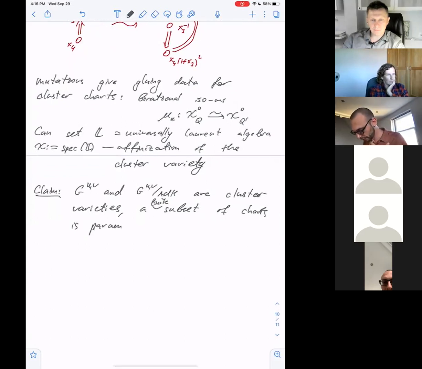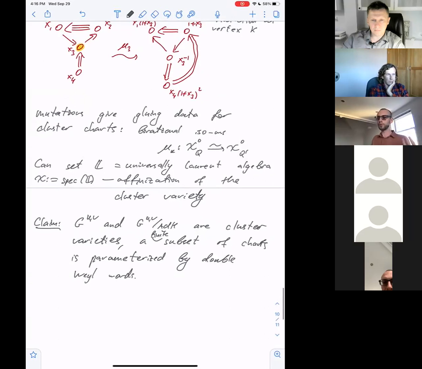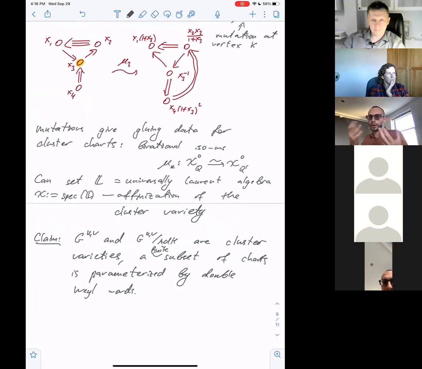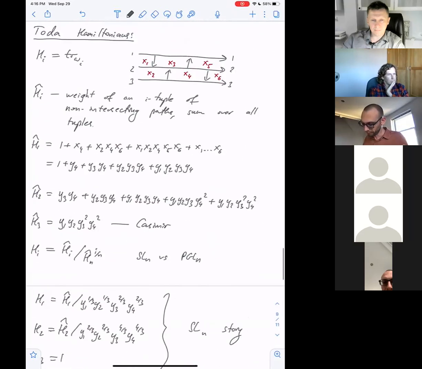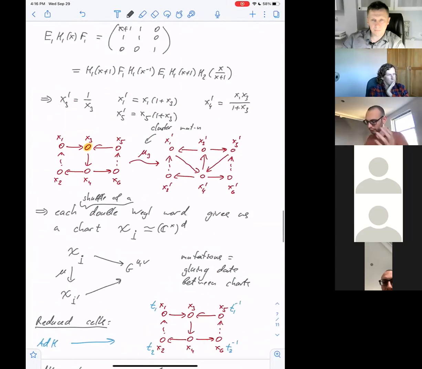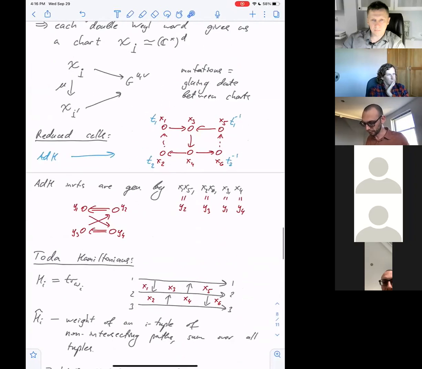But in general, there are infinitely many charts. In particular, you can see that there are way more charts than words because the quivers that I've been drawing were just drawn on a disk, and this quiver was drawn on a cylinder because I took something on a disk and glued and connected the right and left.